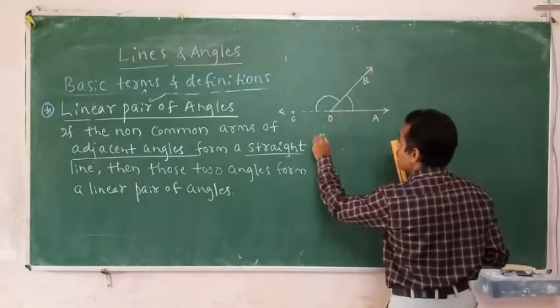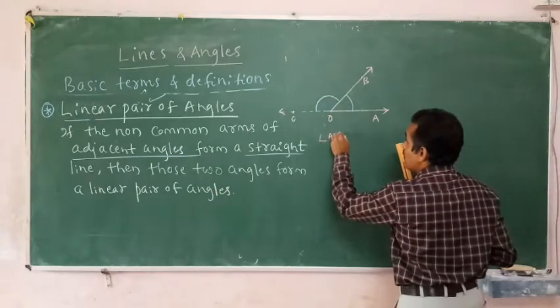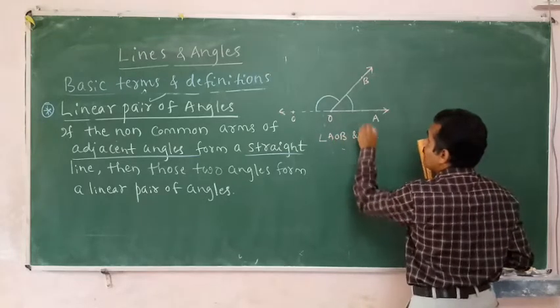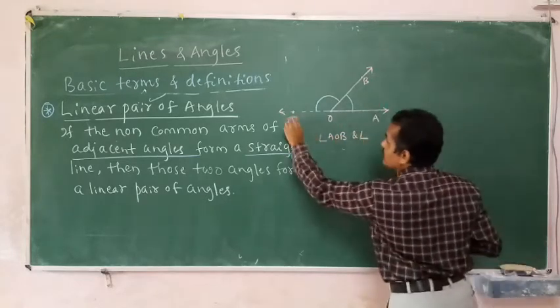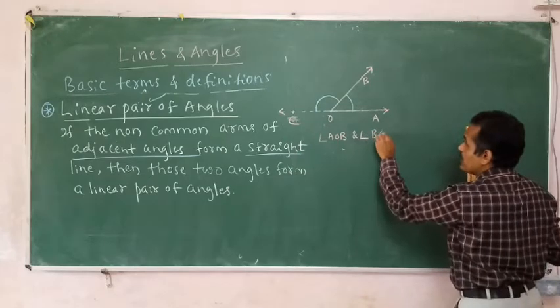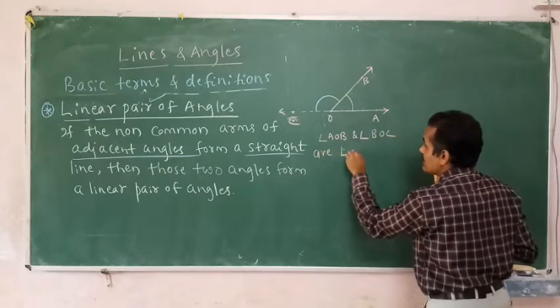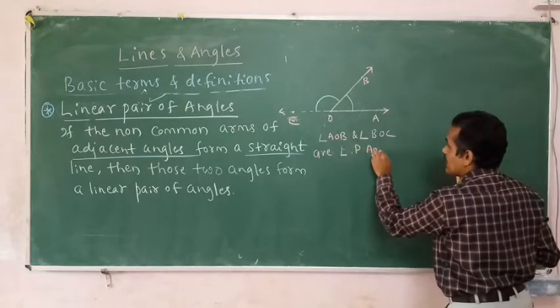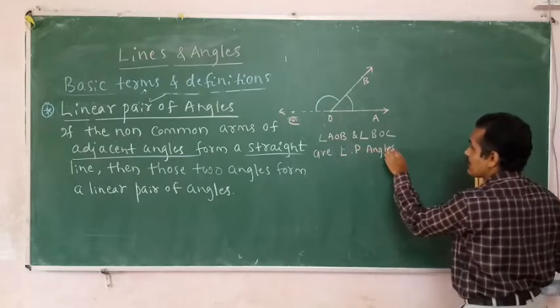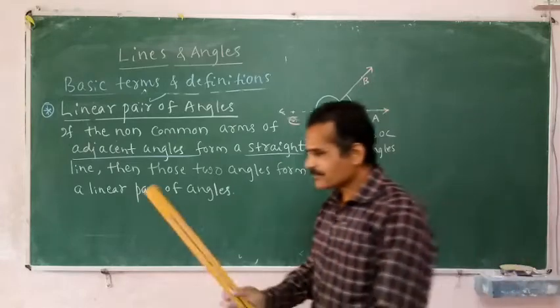So I can say angle AOB and angle BOC are what? Linear pair of angles.